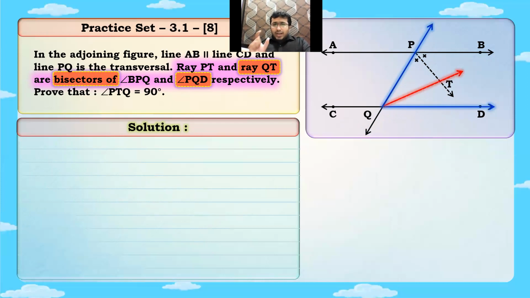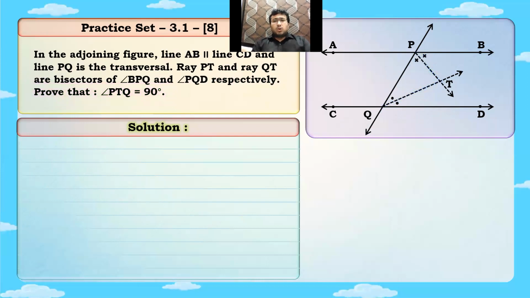So what will ray QT do? It will divide angle PQD into 2 equal parts, because an angle bisector always divides the angle into 2 equal parts, and we are supposed to prove, students, that measure of angle PTQ is 90 degree.